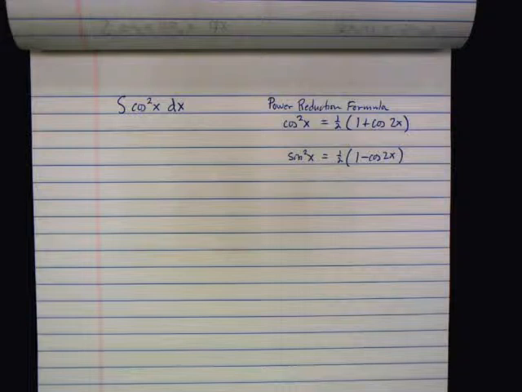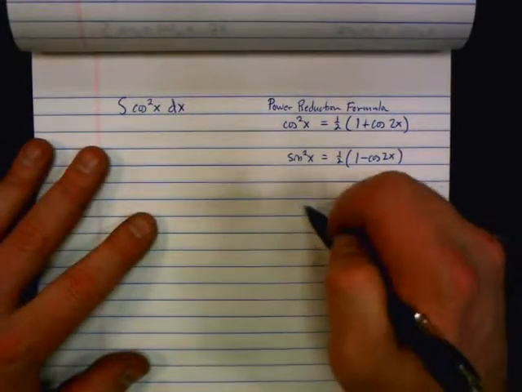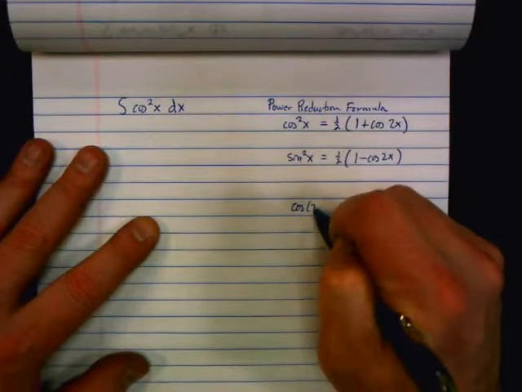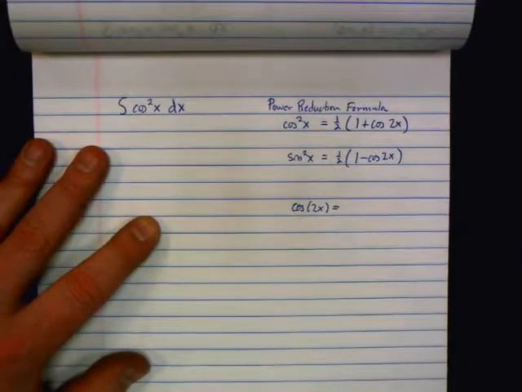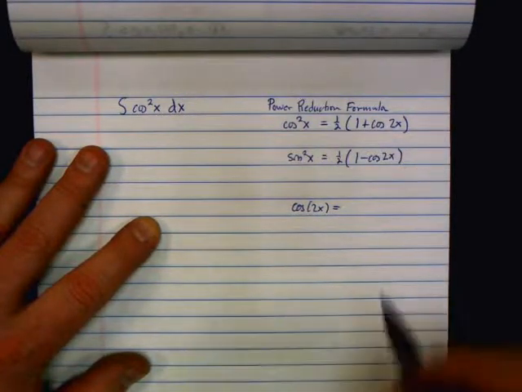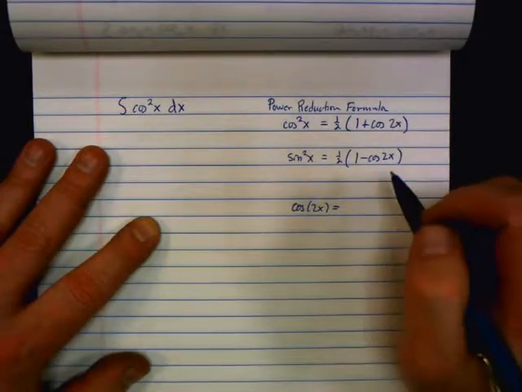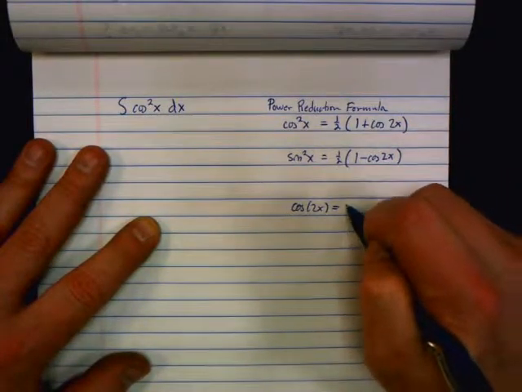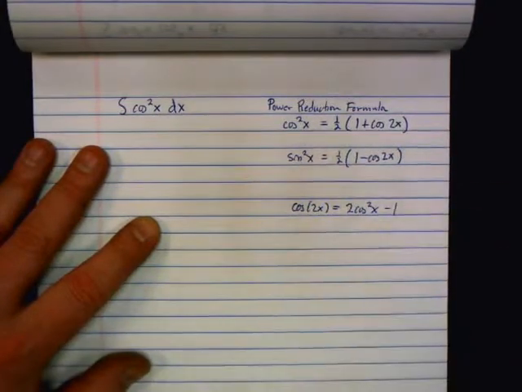They're typically covered in a standard pre-calculus class. But they might not have been written that way. What you might have seen is what's called the double angle formula, which is cosine of 2x is two cosine squared x minus 1.